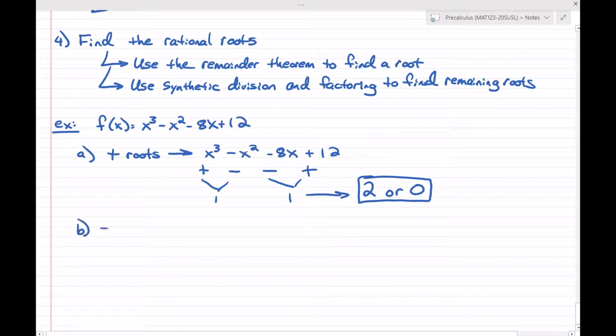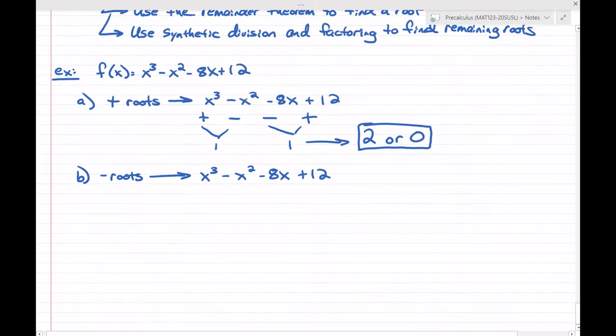Now let's figure out the number of negative roots. Well, we have x to the third minus x squared minus 8x plus 12. Okay, well, we're going to change the signs of the odd powers of x. So x to the third is odd, so instead of positive, I'm going to treat it like a negative. X to the first is odd, so instead of that being negative 8, I'm going to treat it like a positive 8.